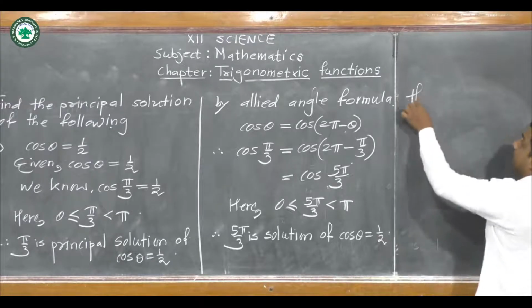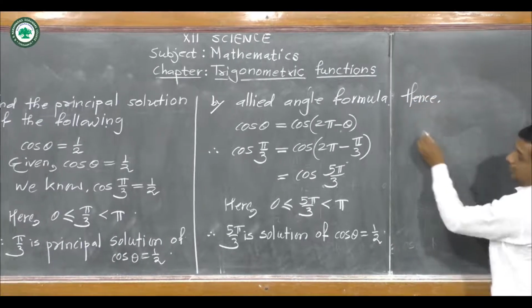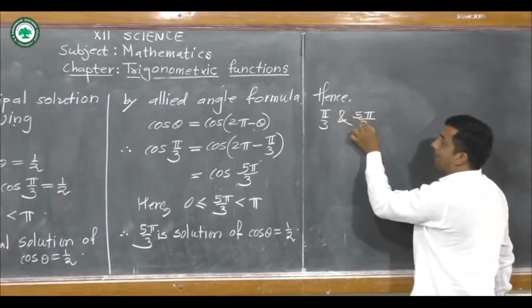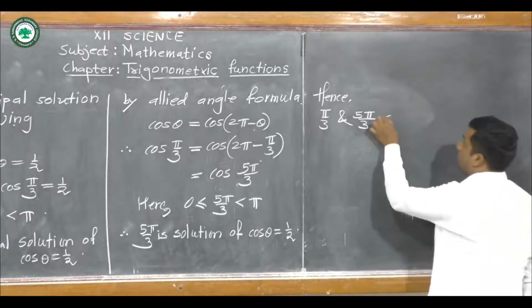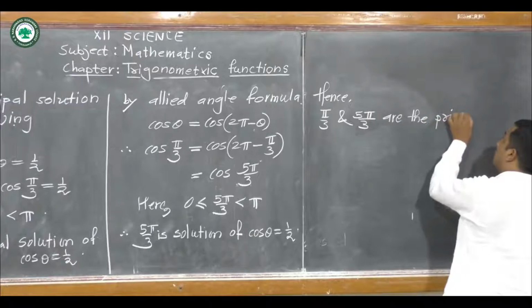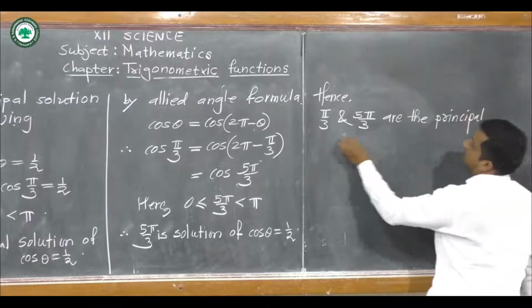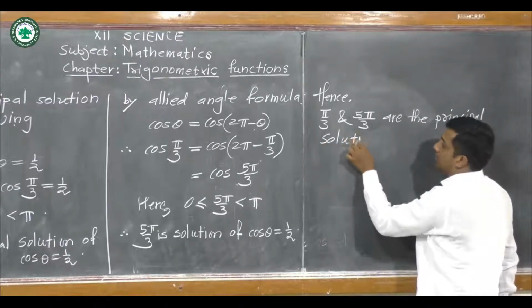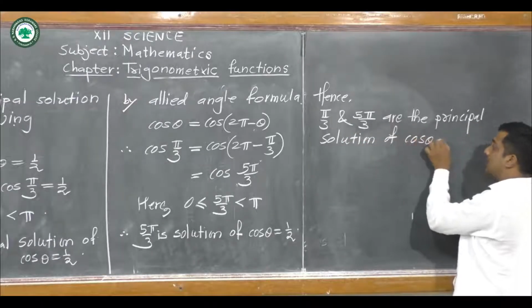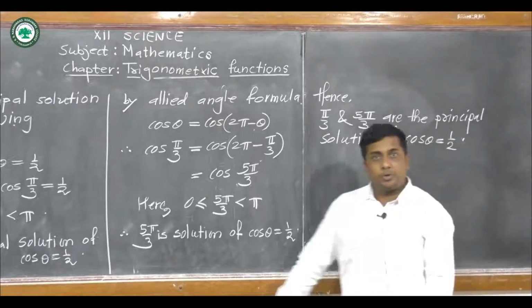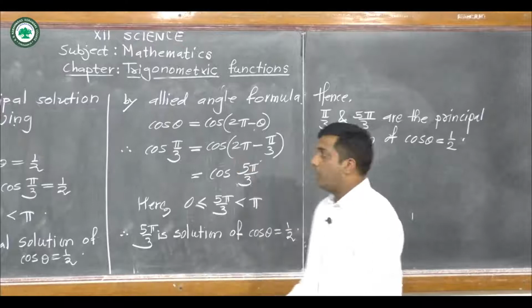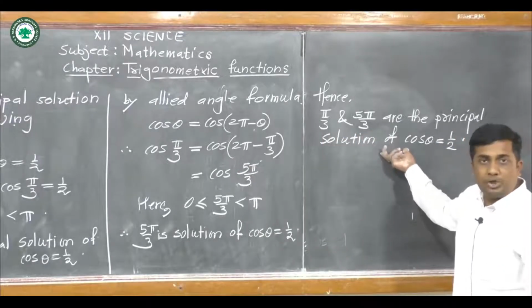Hence pi by 3 and 5 pi by 3 are the principal solutions of cos theta is equal to 1 upon 2. So we find our principal solution.